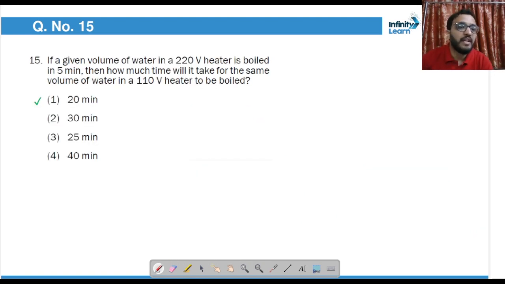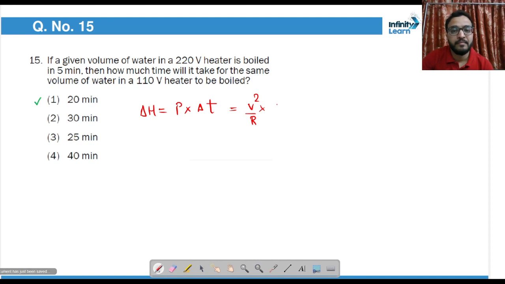Now, if a given volume of water is boiled in 5 minutes with a 220 volt heater, what is the delta H? See, delta H is power into delta T, right? Power is V square by R into delta T. Now heat supplied is the same.